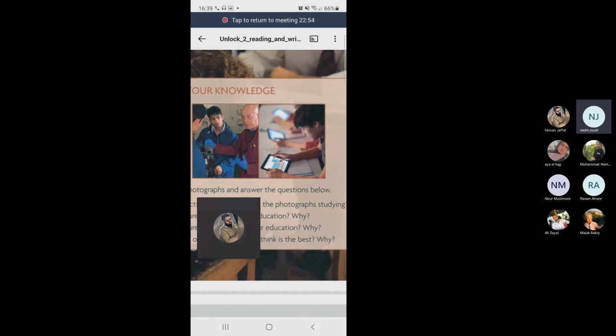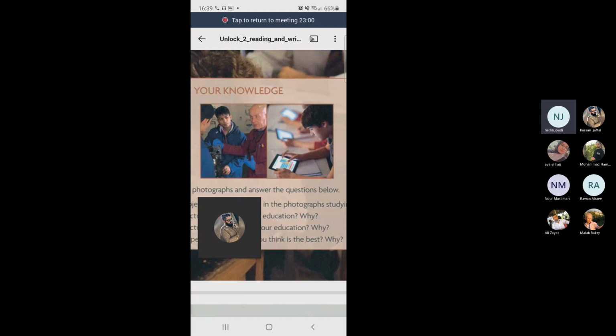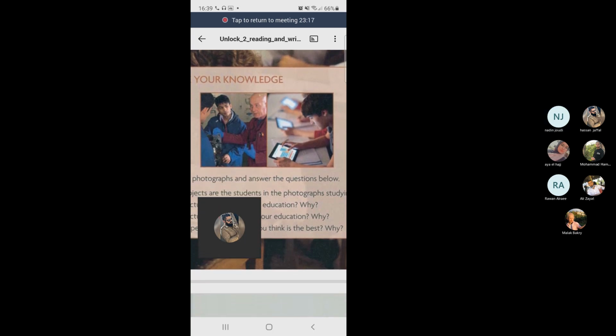So again, dear students, let's describe these two mini pictures about education in Unit 3 in your book. We can see on the right side a group of students who are learning in a trendy, fashionable way, not a normal or traditional way. The students are using their tablets as they are studying.